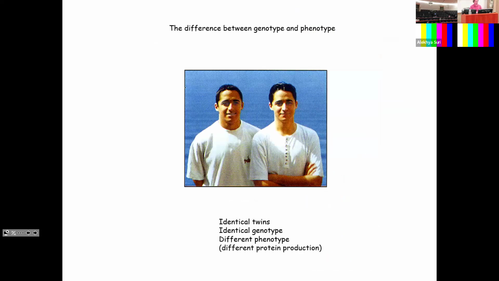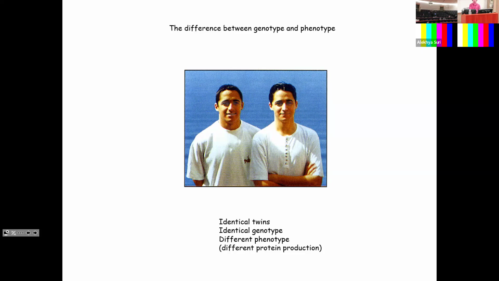And we arrived at identical twins. Identical twins, very similar, very similar. You can pinpoint it, okay? But they're not identical. And they have an identical genome. The DNA is identical. So how can this happen? Because of all these variabilities that I told you, okay? So they have an identical genotype.